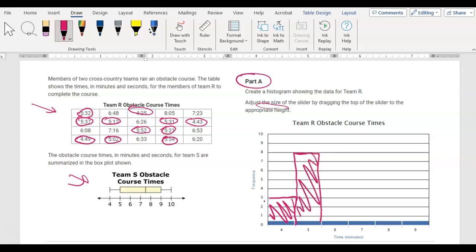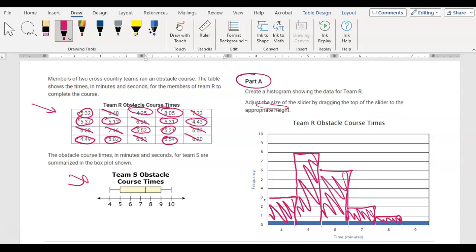All right, 6s. 1, 2, 3, 4, 5, 6. Drag that up to the 6. And then 7s, we have 1, 2. Not that many people with that amount of time. And then our slowest person with 8 is only one of them.